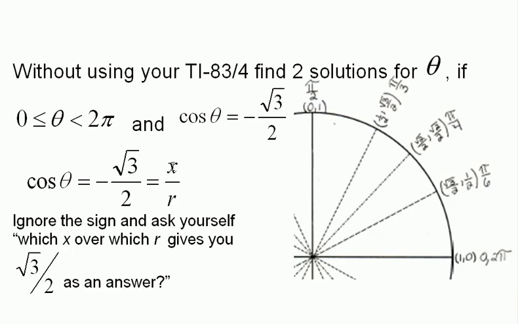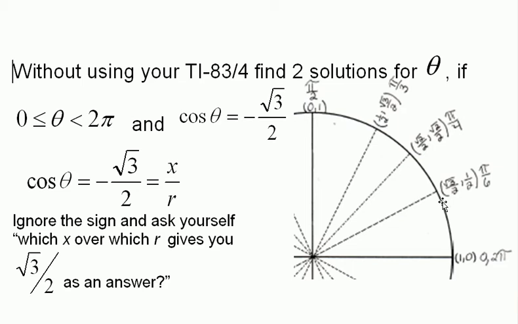I'm looking for x over r because the cosine theta is defined as the x divided by the radius for any point on the angle arm. Going in the first quadrant to the first angle I see, the quadrantal angle 0 or 2 pi, x divided by radius 1 over 1 is 1 and not root 3 over 2.